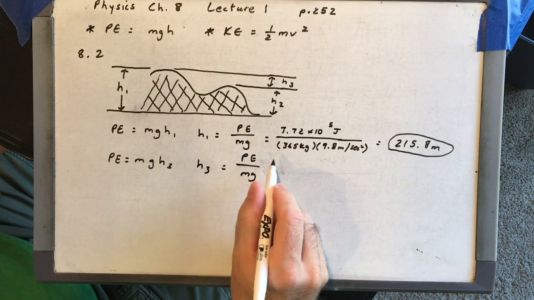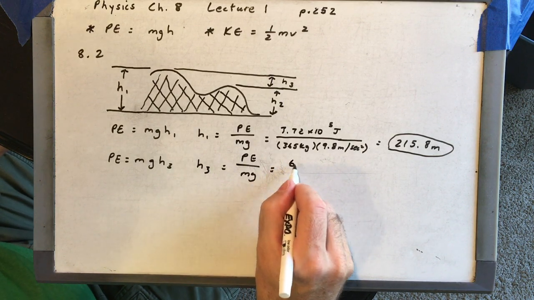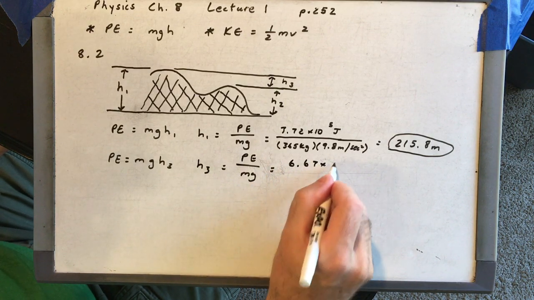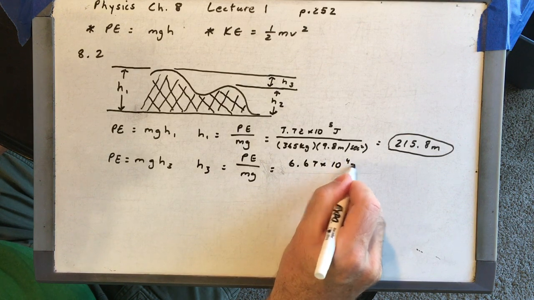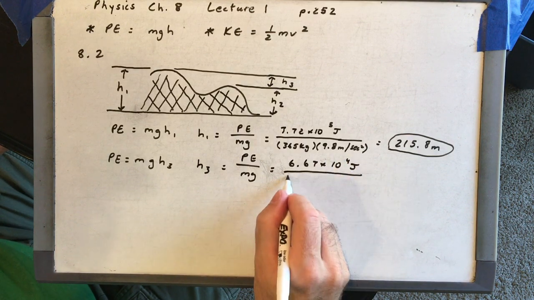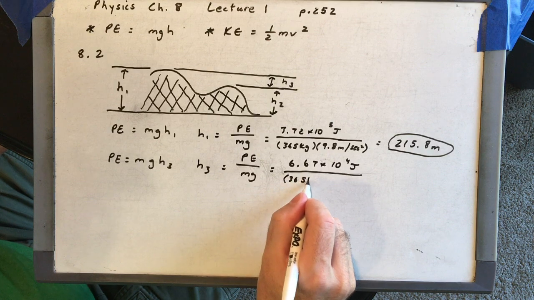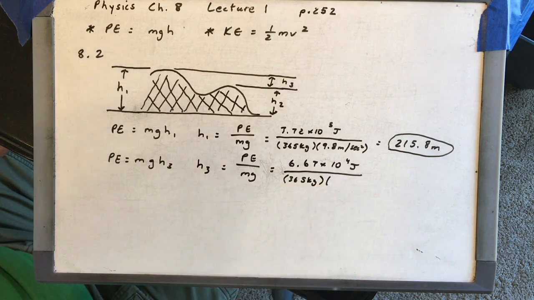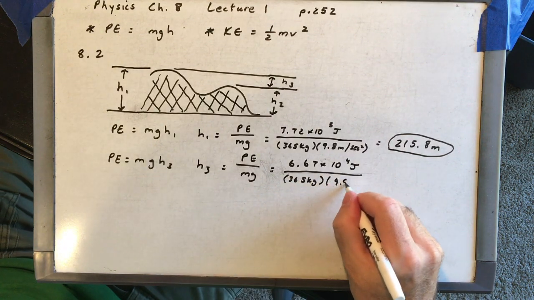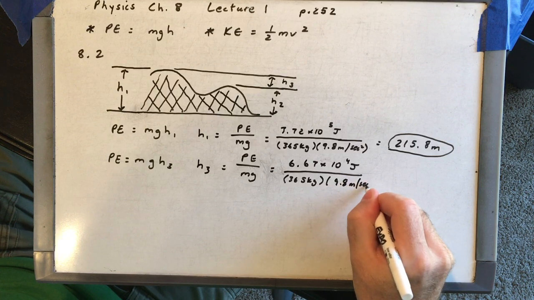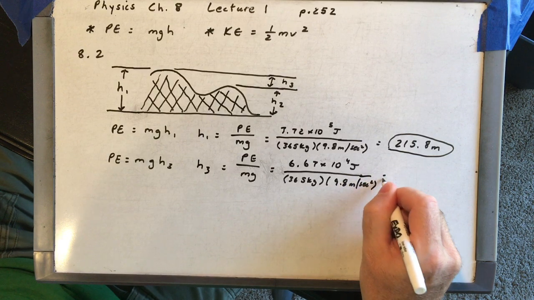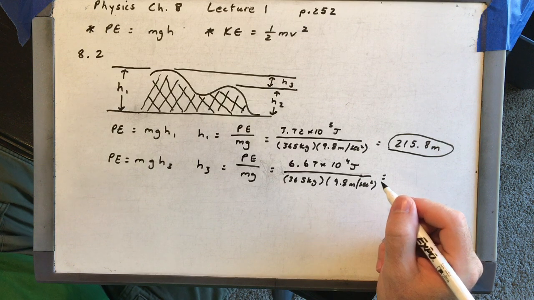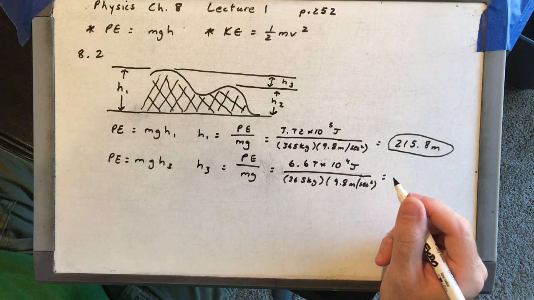And it says the potential energy is 6.67 times 10 to the 4th. And then you still have 365 kilograms, same denominator, 9.8 meters per second squared. And that is, H3 is 18.65.